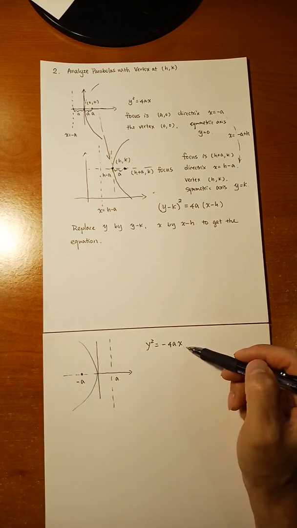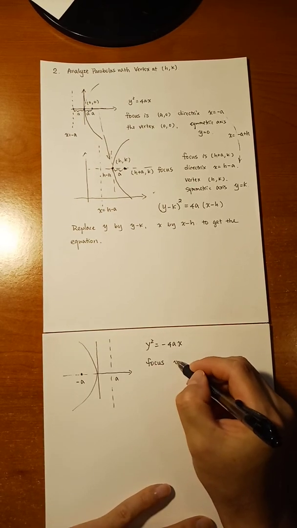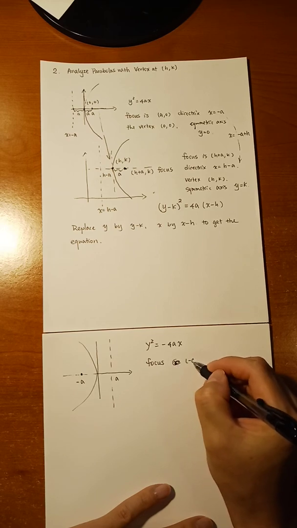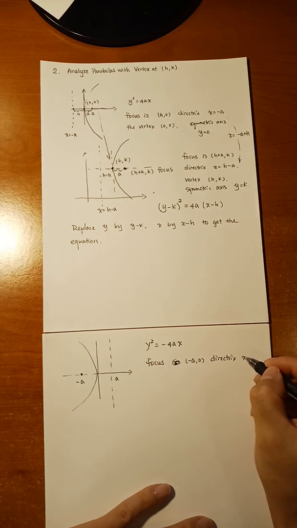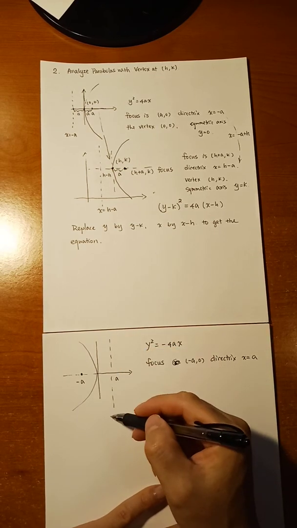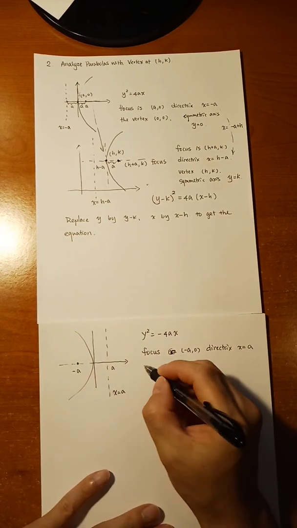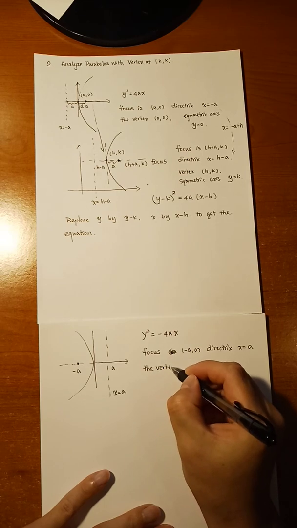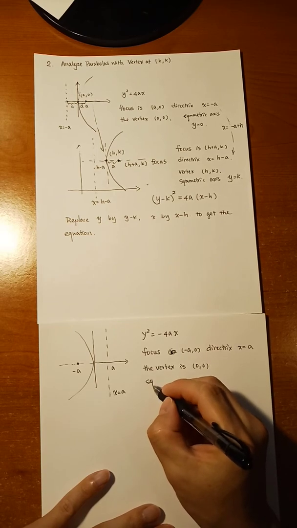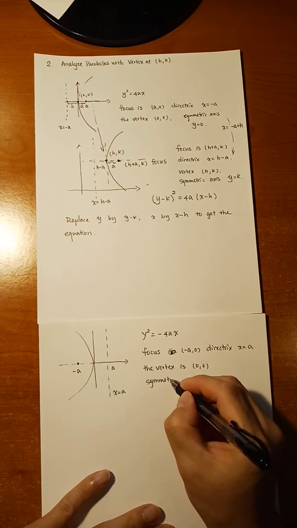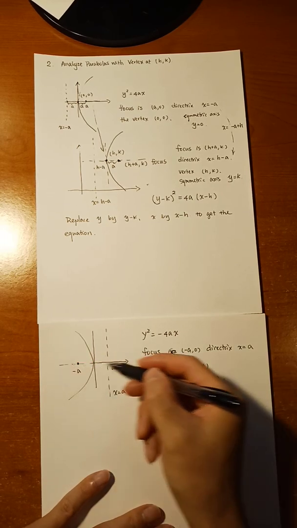The focus is (negative a, 0). The directrix is x equals a. One is on the left, one on the right, and the vertex is (0, 0). The symmetric axis is still y equals 0, the x-axis.